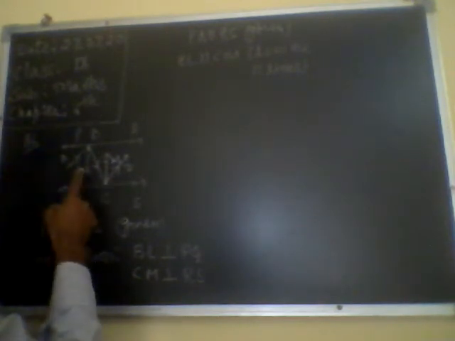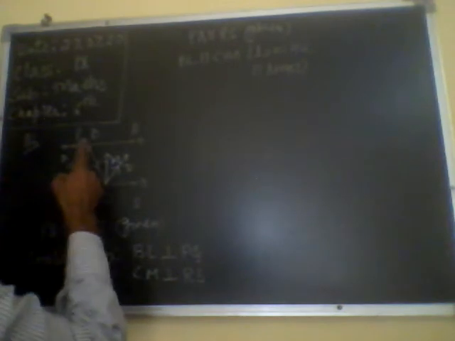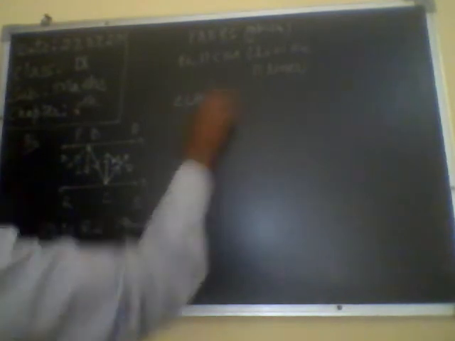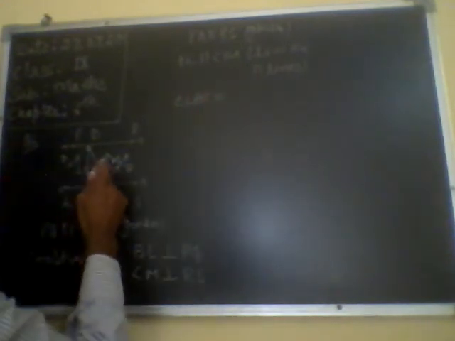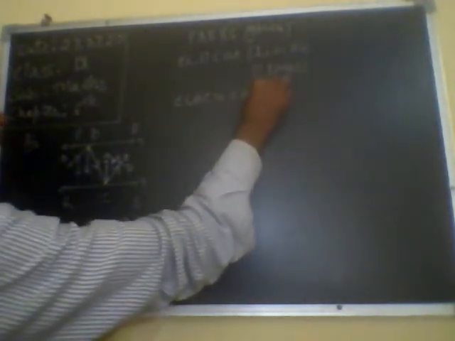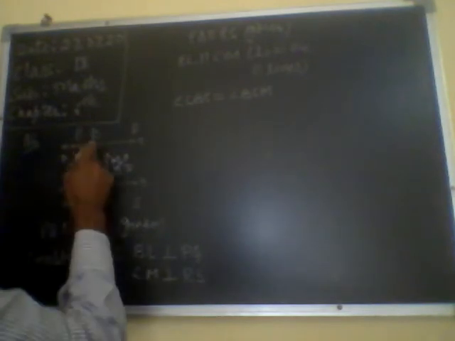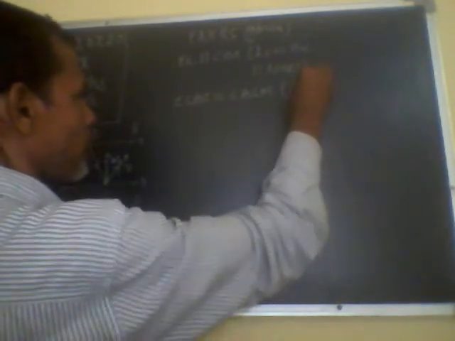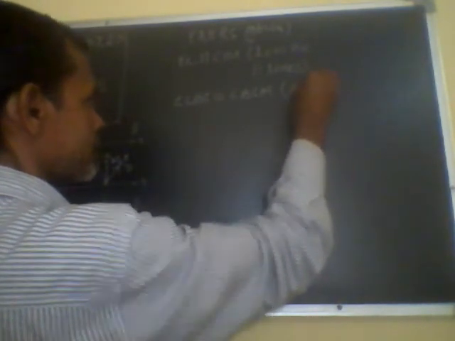Now if BL is parallel to CM, then angle LBC equals angle BCM. What is the relation? If two lines are parallel, then these are alternate interior angles.